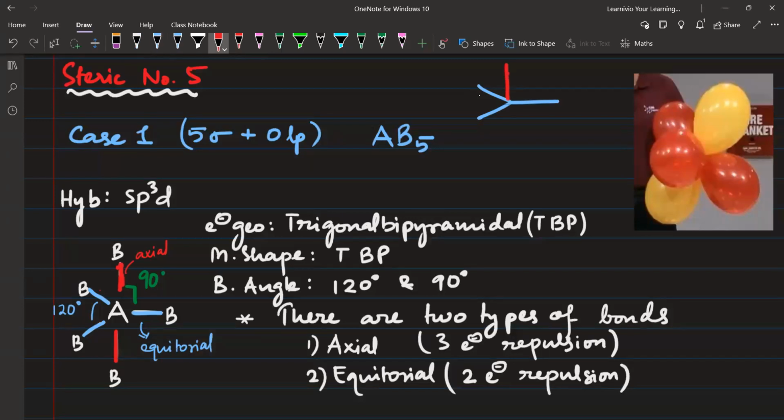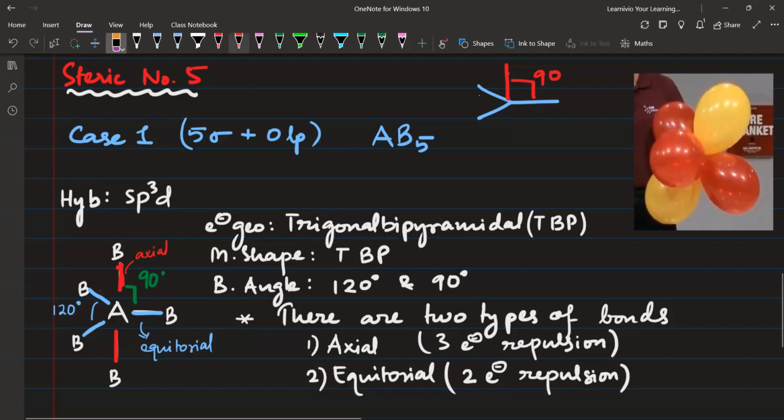Actually, you understood one thing, right? That axial bond and axial bond, they are 180 degrees far away. This is 180 degrees. And if I talk about this one, it is 90 degrees. You understood these 2 points? Yes, sir. So I'm neglecting the axial bond because axial bond is very far away from the other axial. Make sense? So can you repeat?